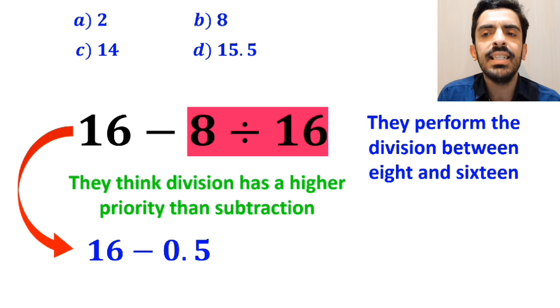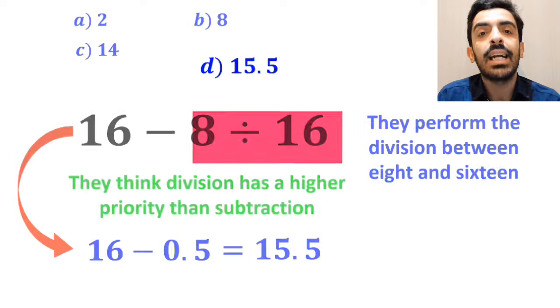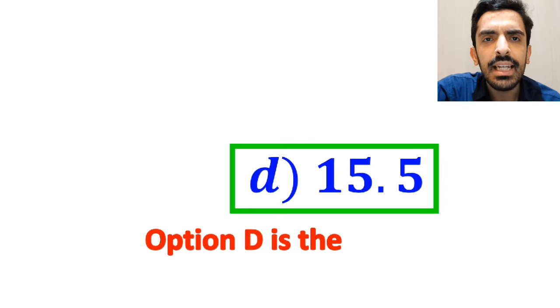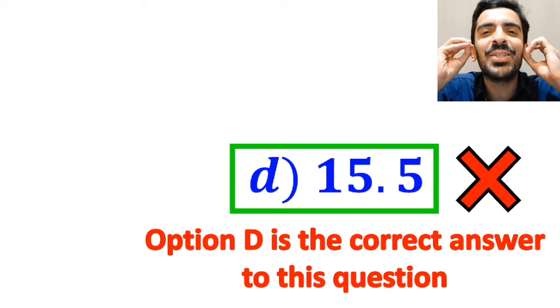So, they simplify this to 16 - 0.5, which gives them the answer 15.5. And immediately, they conclude that option D is the correct answer. But I have to say, we were tricked and it's not the correct answer to this question.